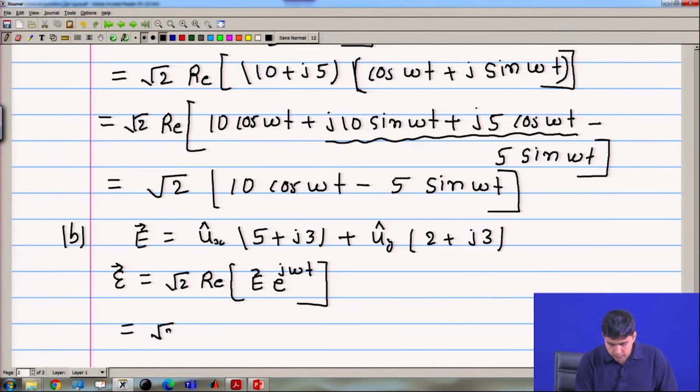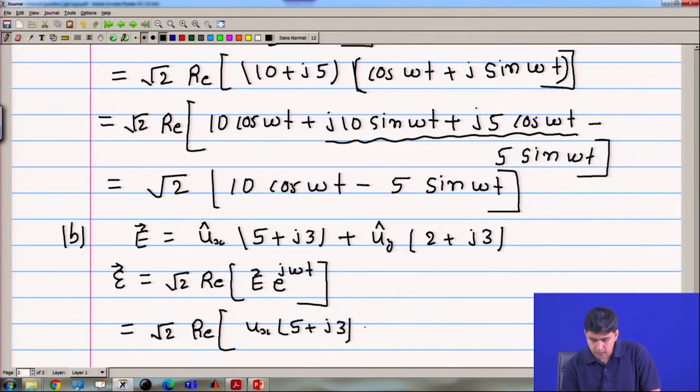So, we can substitute the value of E here and we can again extract the real part. So, root 2 ux (5 plus j3), and we can multiply inside e to the power j omega t, plus uy (2 plus j3) e to the power j omega t.